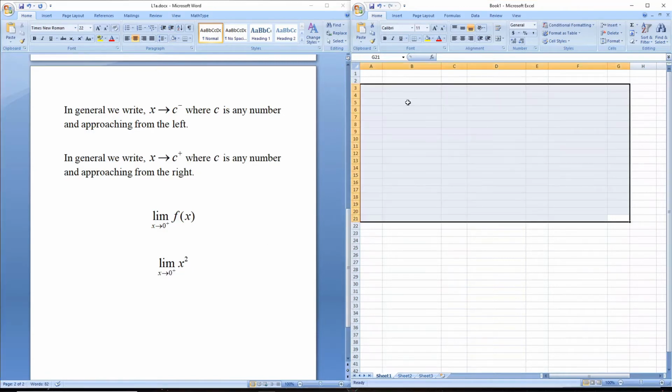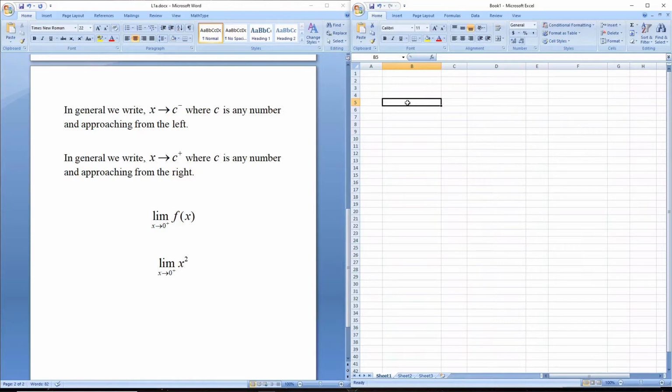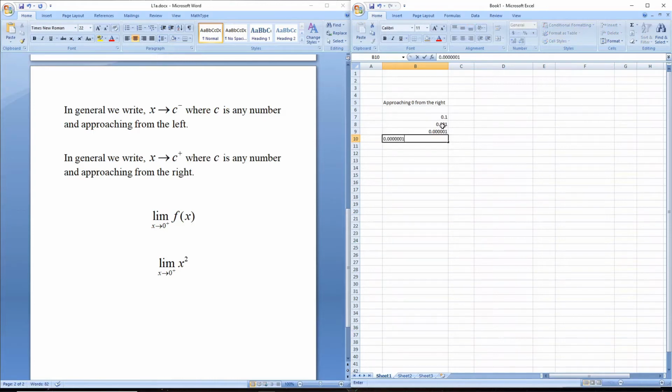So the first thing we want to do here is create a column of numbers that represents approaching 0 from the right. So from the right means larger numbers. So say 0.1, and then maybe 0.01, and 0.001. We don't have to have too much structure here, as long as we're representing the idea that we want to get closer and closer and forever closer.